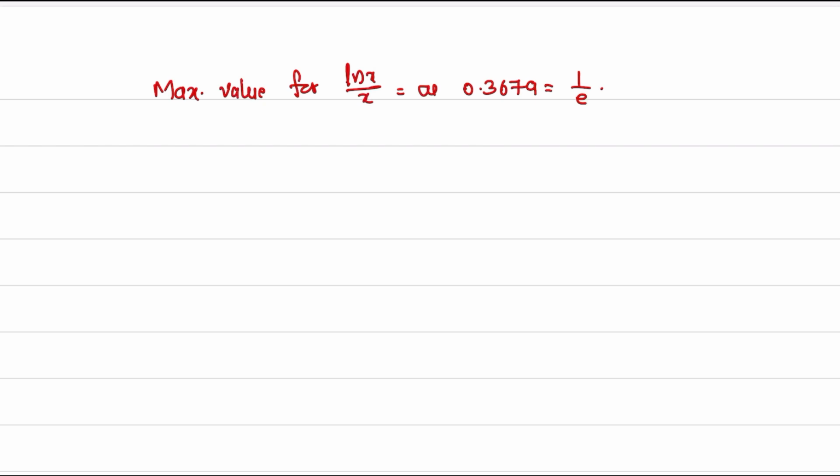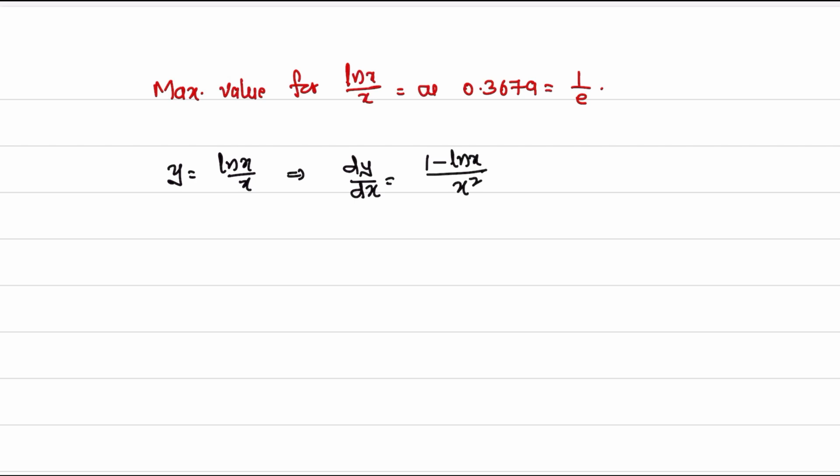Now, by a regular observation, it's an observation, and we will do it using calculus also. y is equal to ln x by x. That implies the first derivative, dy by dx, is equal to 1 minus ln x by x square.